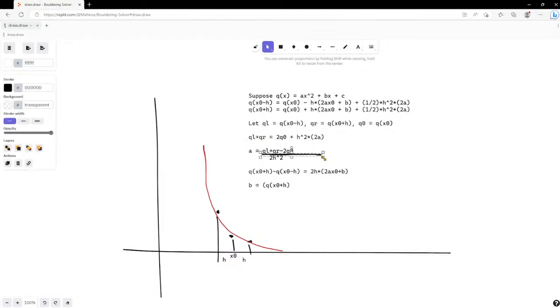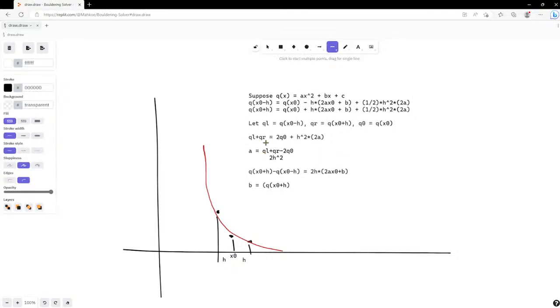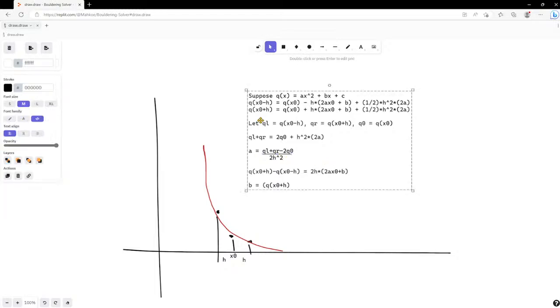Ooh. Okay, I'll just redraw that. Okay. Now QR minus QL is equal to 2h times all that.